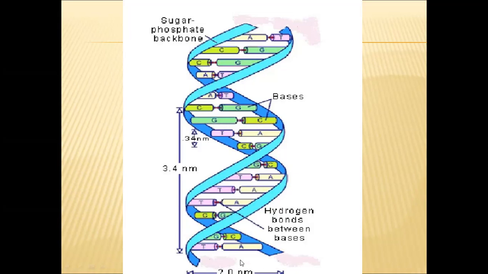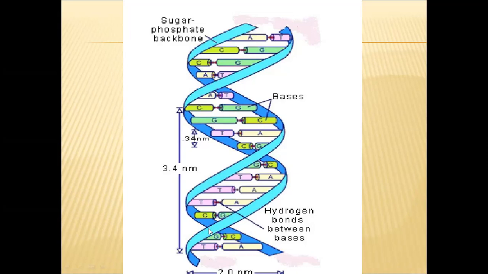And the width of these two nucleotides, from here to here, a 20 nanometers gap will be there. This is called the diameter of the DNA. So 20 nanometers is the diameter of the DNA.